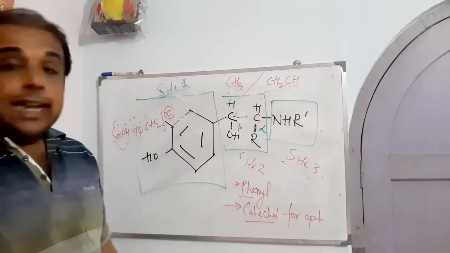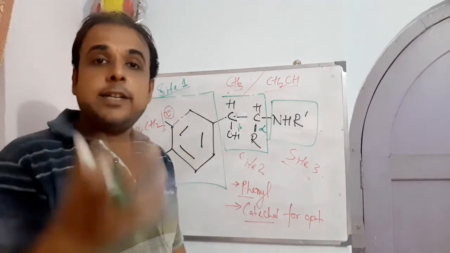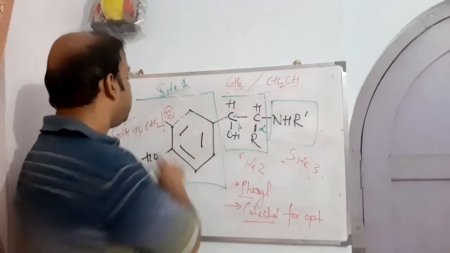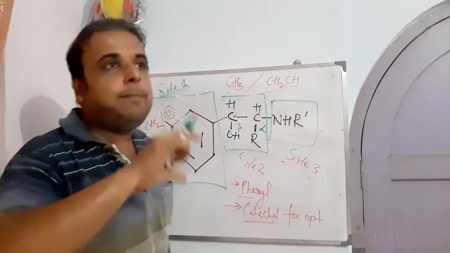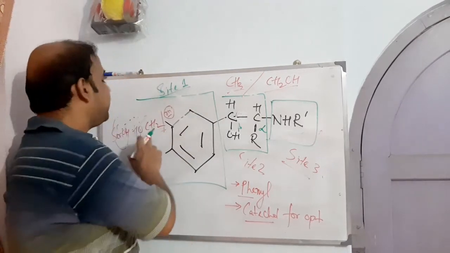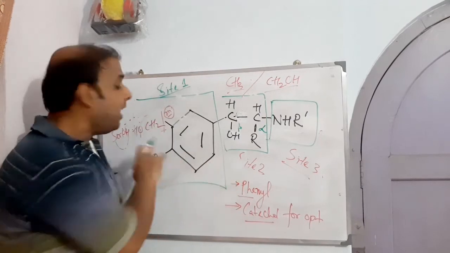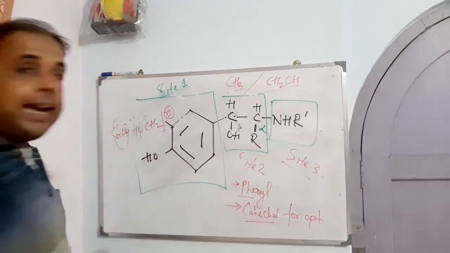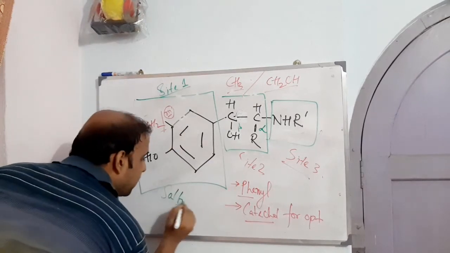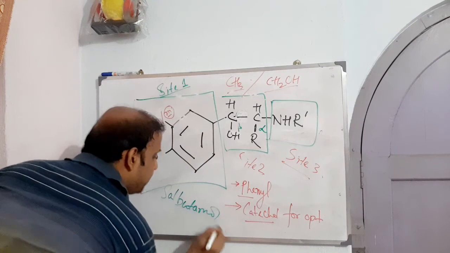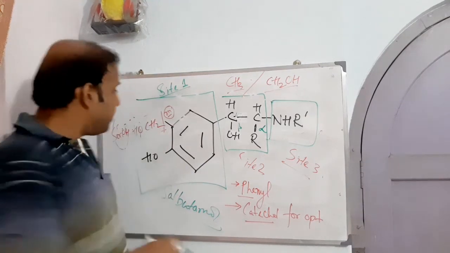So we have to search for an entity which is as similar as hydroxyl, with similar physical as well as chemical properties. That is why you substitute with a hydroxymethyl, which you can find in the adrenergic drug called salbutamol. In salbutamol you can find CH2OH at this particular location.